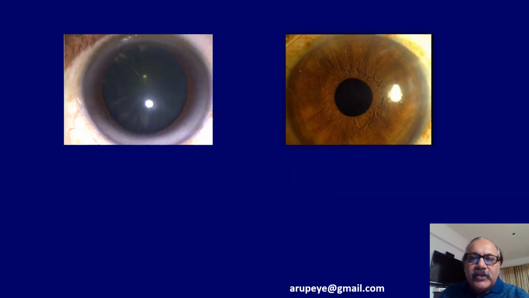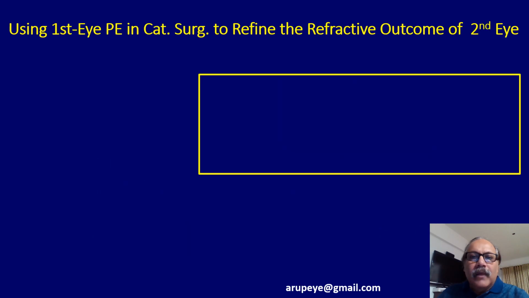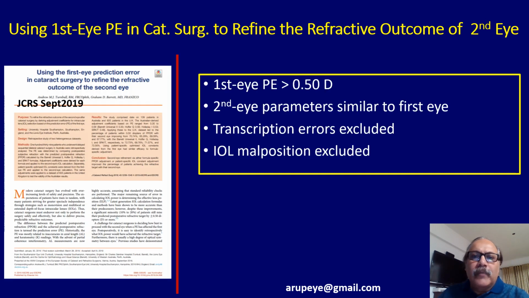For patients who have already had one eye operated, we can use the first eye prediction error to refine the refractive outcomes when we consider surgery in the second eye. There have been a lot of publications on this topic, and this is what I follow in my practice.